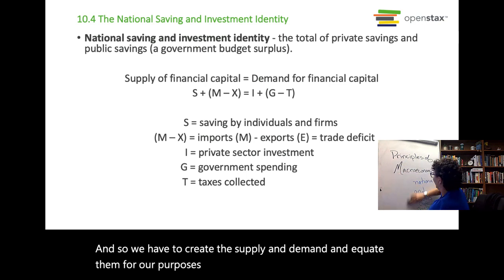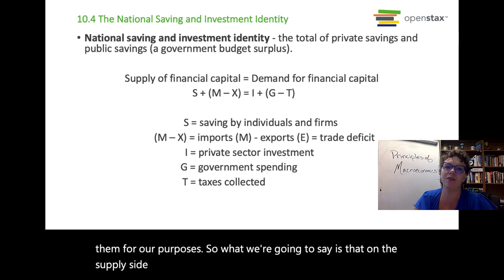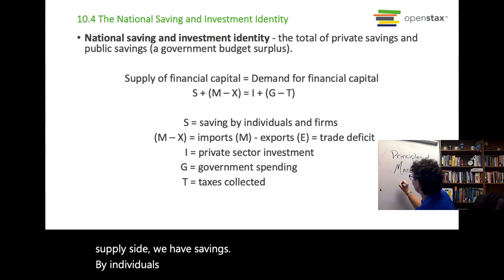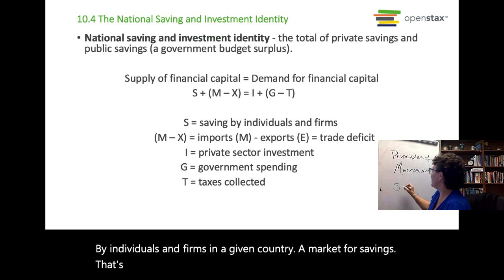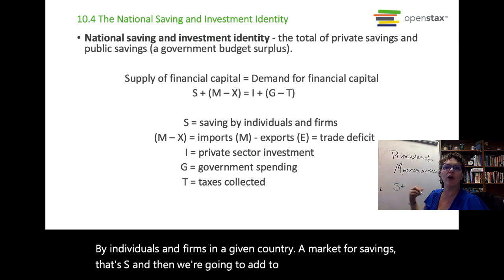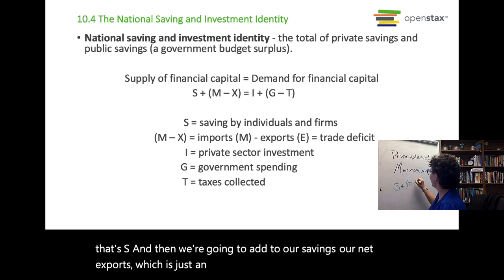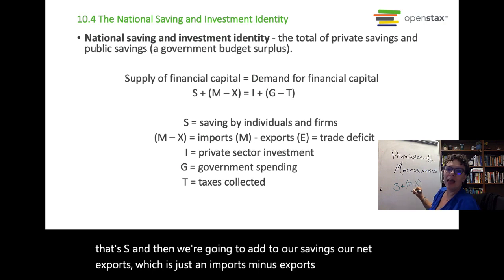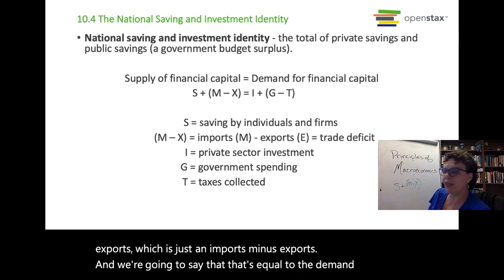So what we're going to say is that on the supply side, we have savings by individuals and firms in a given country, a market for savings, that's S. And then we're going to add to our savings our net exports, which is just imports minus exports. And we're going to say that that's equal to the demand for financial capital.